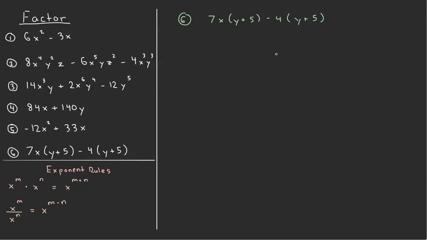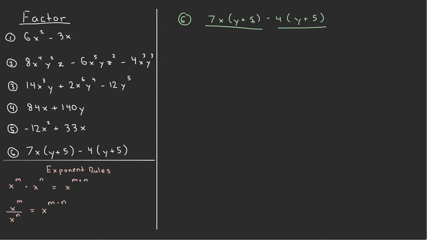Essentially, a monomial is an expression that's glued together through multiplication or division. You won't see any pluses or minuses in a monomial. Okay, so here, however, when we look for what is in common between these two terms here, we see that there's a binomial in common, right? Y plus 5 is a binomial because it's an addition of two monomials. Y is considered a monomial. 5 is considered a monomial.